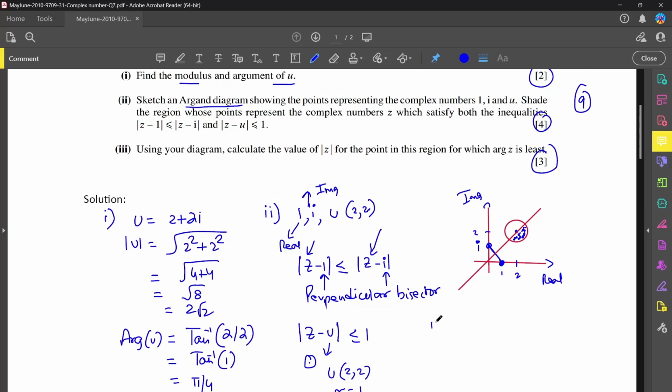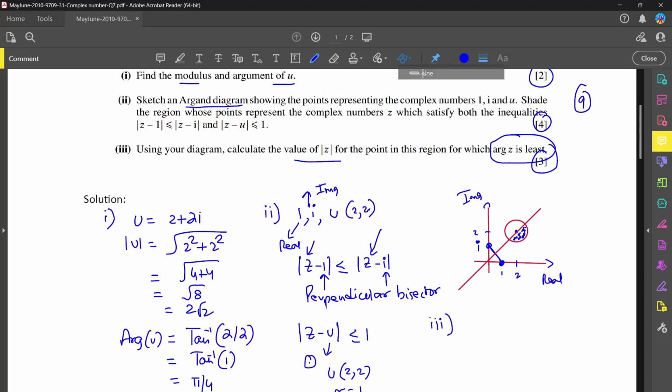Now moving on to the third part. It says, using your diagram, calculate the value of modulus of z for the point in this region for which the argument of z is least. The argument of z is a line connecting the origin such that it touches the circle with the least angle.